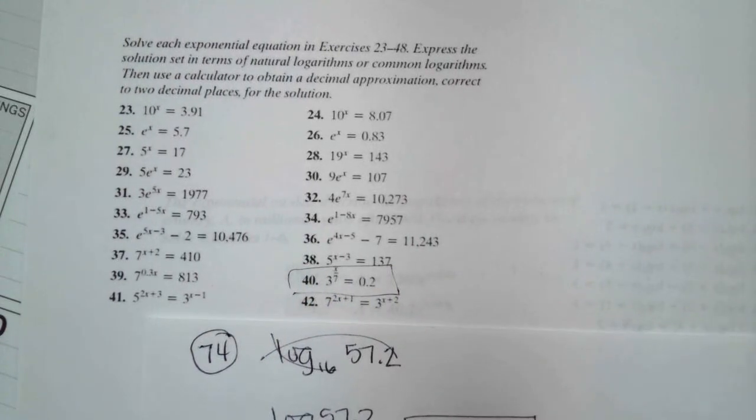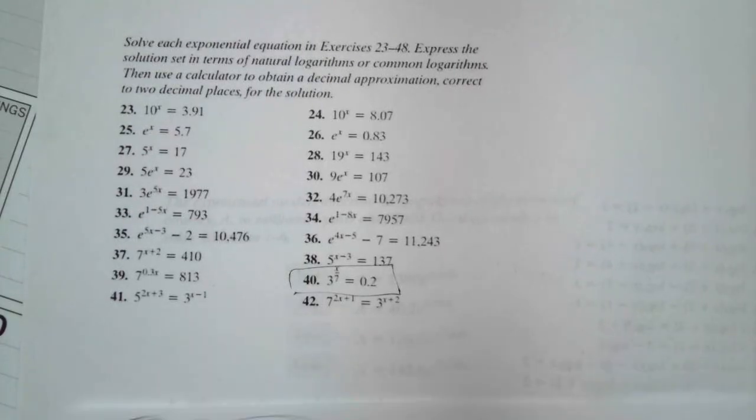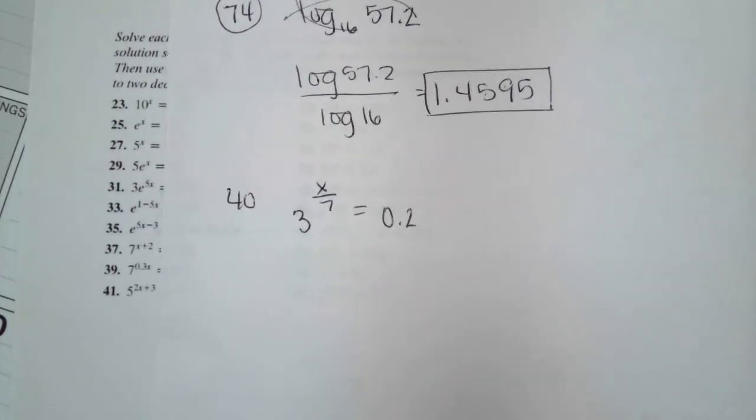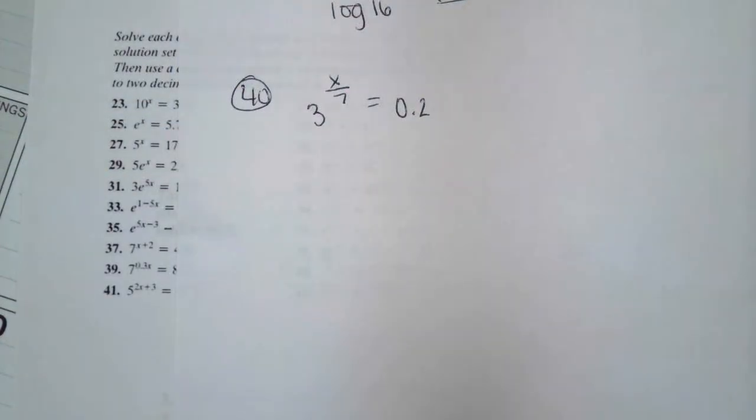So then we've got number 40, which is 3 raised to the x over 7 equals 0.2. Oh, that's this one. All right, so this is in exponential form. So that means I'm going to either put it into logarithmic or natural log.